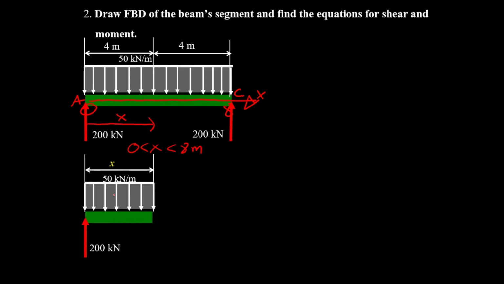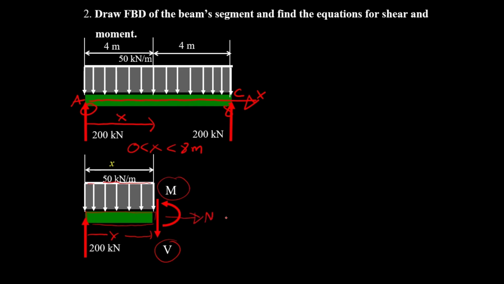Now you put the applied load of 50 kilonewton per meter with this reference x-axis, and the segment of the beam must be in equilibrium. We have the shear force and the bending moment.